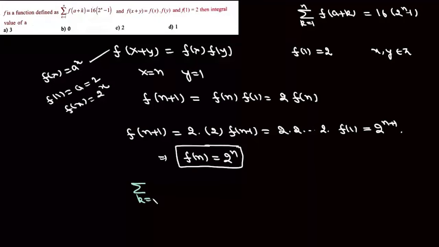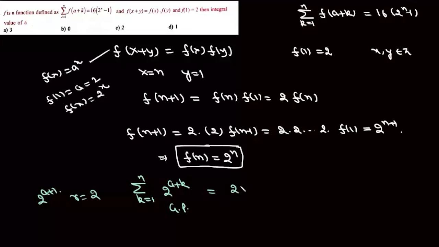It says the summation k varies from 1 to n of f(a+k). So there'll be 2 to the power a+k, which is nothing but a GP. And for this GP, the first term is 2 to the power a+1, the common ratio is 2, and the number of terms is n.